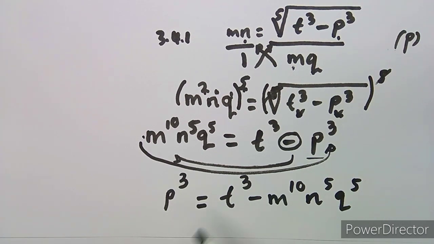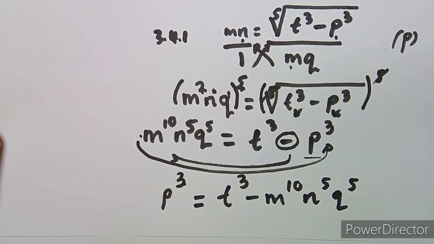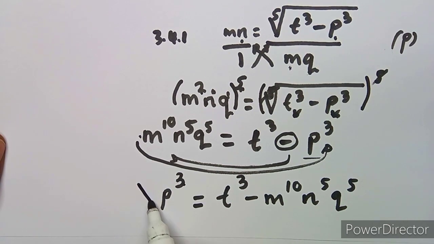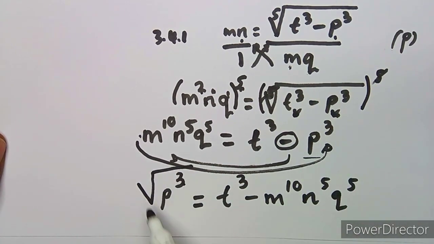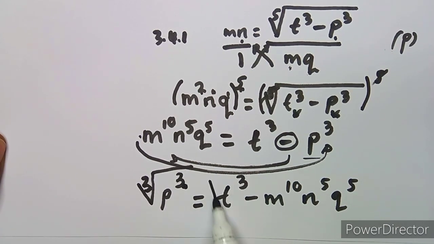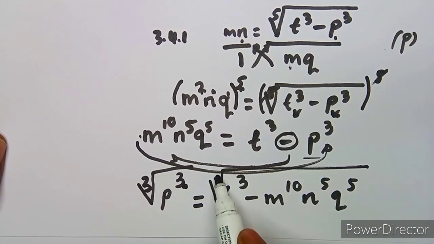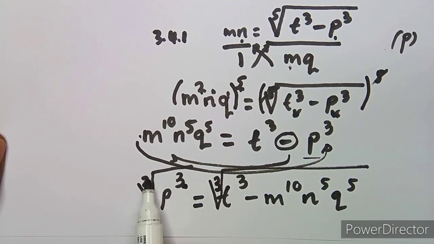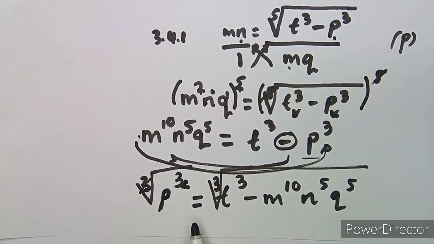So that's what you had, and you have to remove this, the cube root, just like what we did there. So now you introduce the cube root both sides, because it's an exponent of 3 this time. So the moment you introduce this and this cancels, you are left with p.